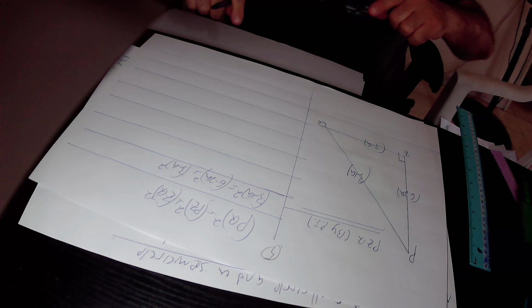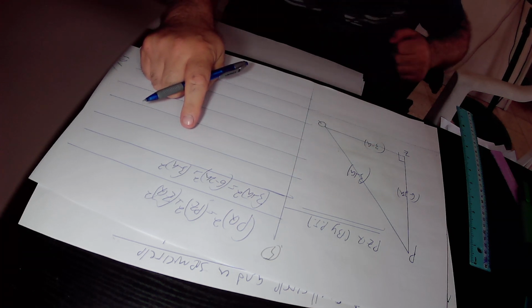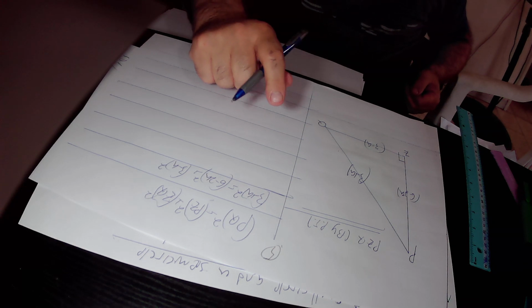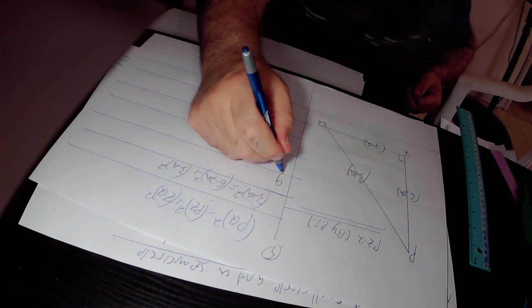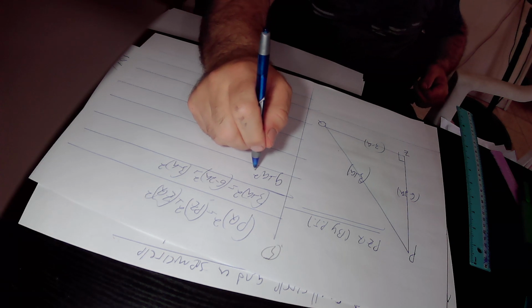Here we'll open the brackets on both sides of this equation and find that (3 plus a) squared is 3 squared, that is 9, plus a squared plus 2 times 3 times a, which is 6a.